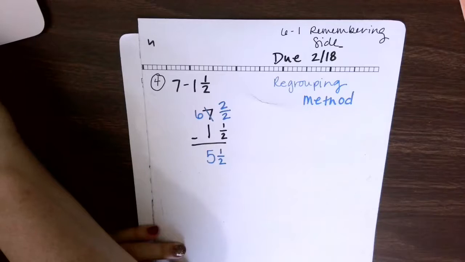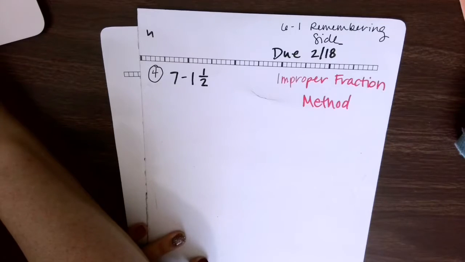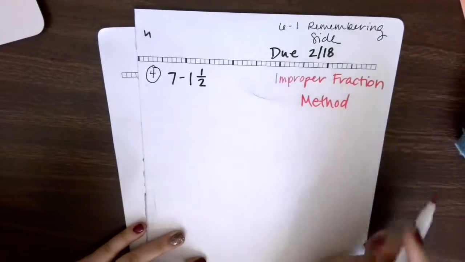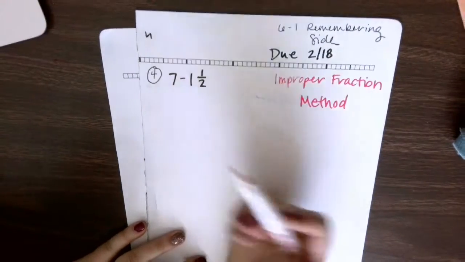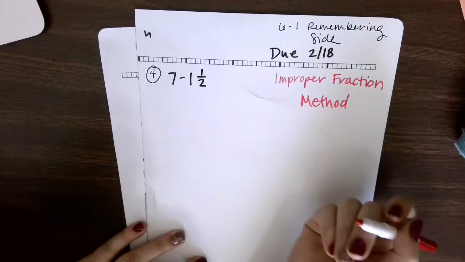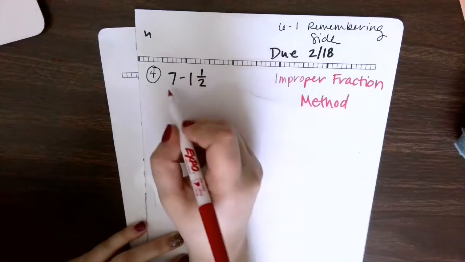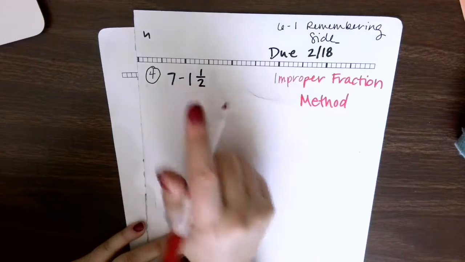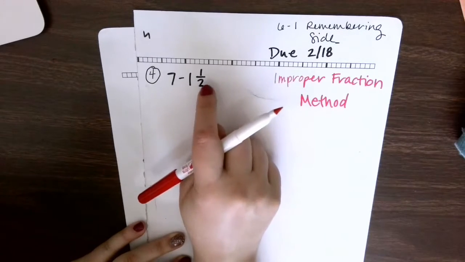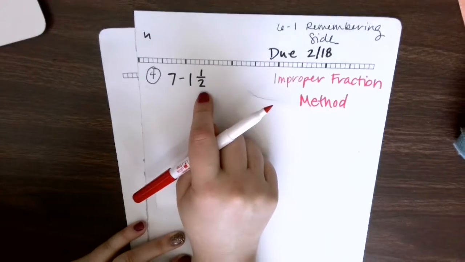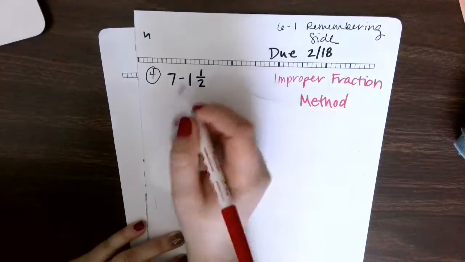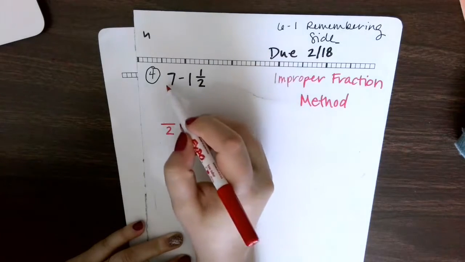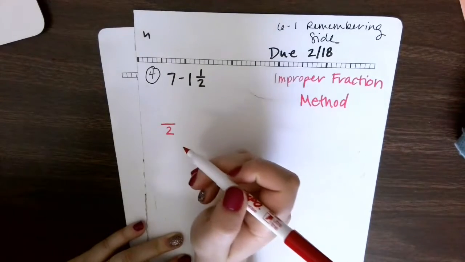Now there's another method as well. This method is called the improper fraction method, where we're going to turn both of these numbers into improper fractions in order to be able to subtract them. So the first thing I need to do is change this 7 into an improper fraction with the denominator of 2 so that I have like-sized pieces to cut from. In order to do this, with the 2, I have to multiply 7 by 2.